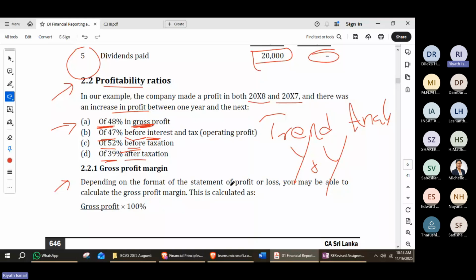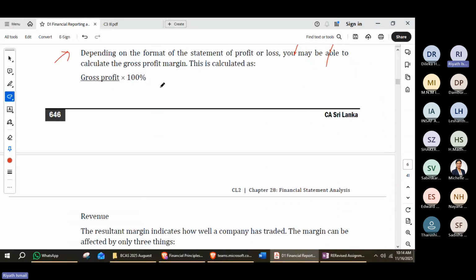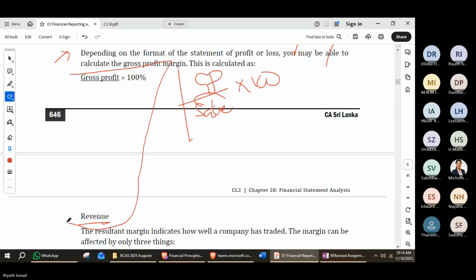Depending on the format of the statement of profit or loss, you may be able to calculate gross profit margin. So gross profit margin may be calculated in this way: gross profit over sales or revenue into 100, gross profit divided by revenue into 100.